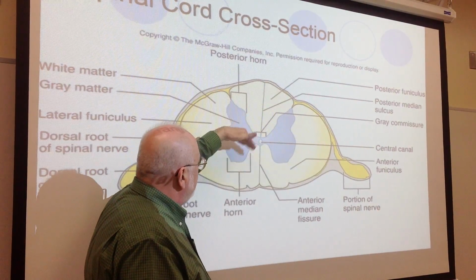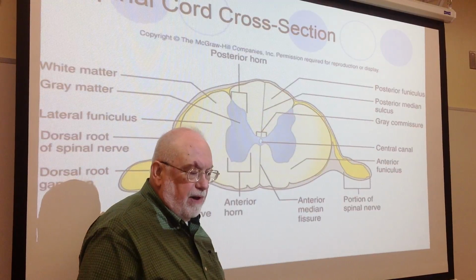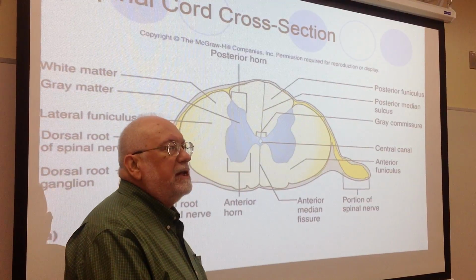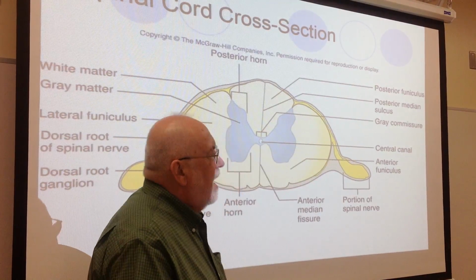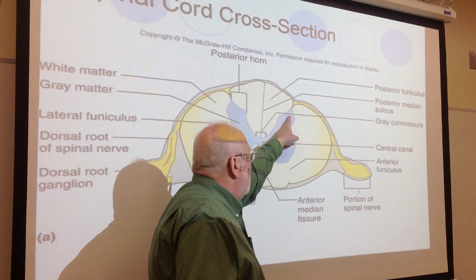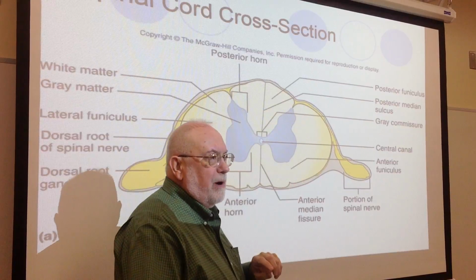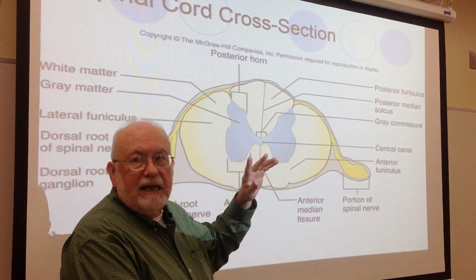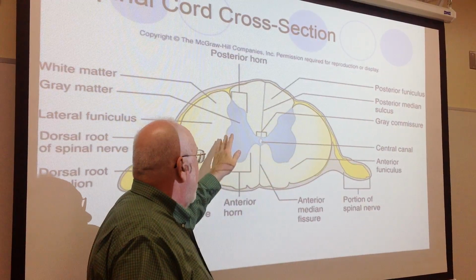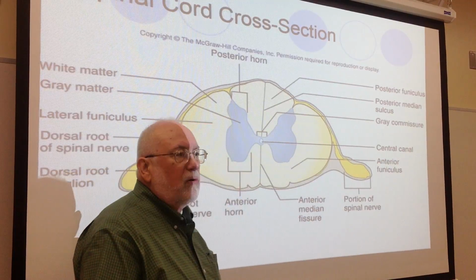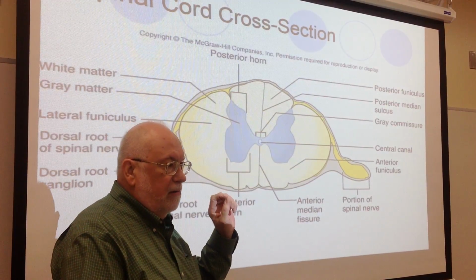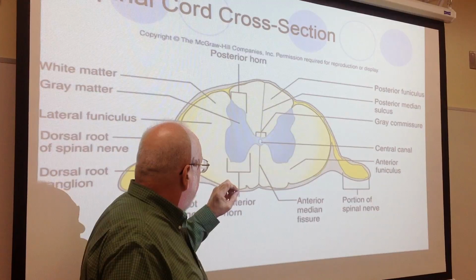Now, because of the shape of these, it looks sort of butterfly-like, but the term that is used is horns. So we have posterior horns, and we have anterior horns. And really, if we're in the thoracic lumbar area, we can also have lateral horns, but we're not going to deal with those today. Those have to do with something else.